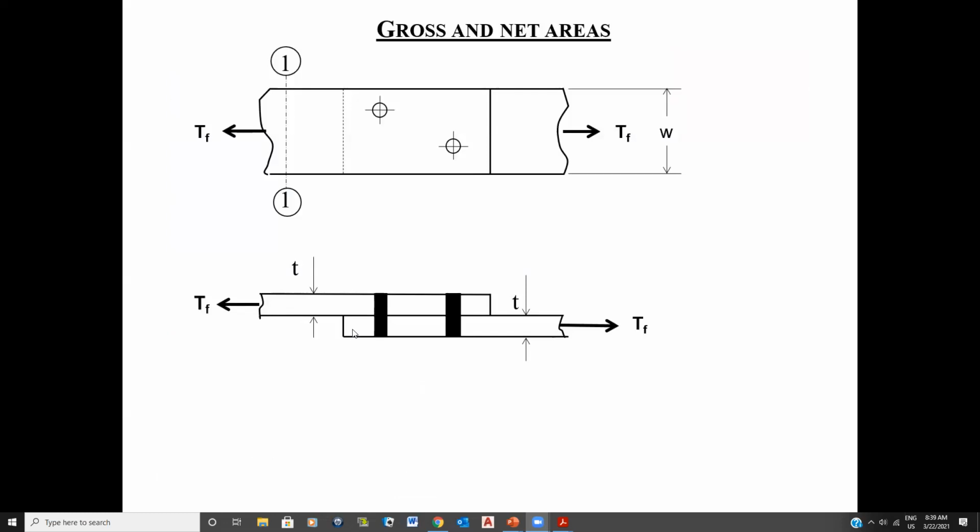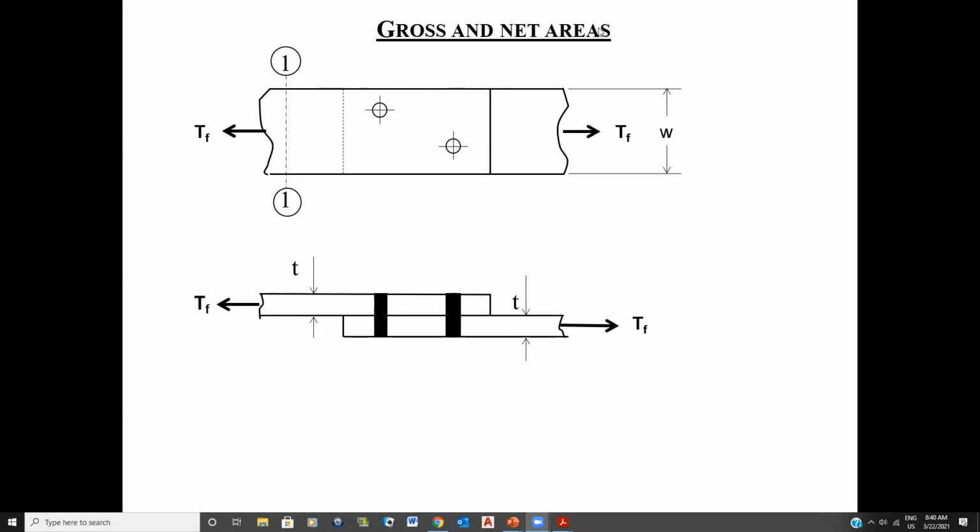Now, here, we're going to talk about gross and net areas, so you can get an idea of what we're talking about. Right now I'm drawing here 1, 1. What I'm trying to say is that I'm taking a cross section, or a section, here at 1, 1, and here this is W and this is T and so on.